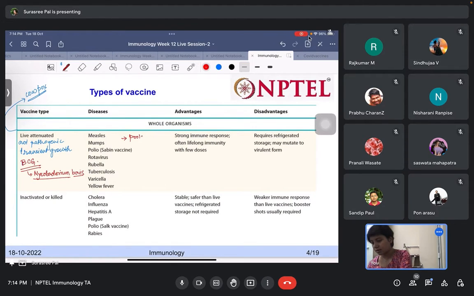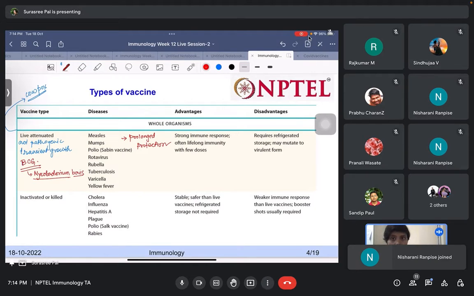So the major advantage is this prolonged protection by the live attenuated vaccine. So that is why, since they provide prolonged immune exposure, some live attenuated vaccines require only one single immunization, and they do not require any booster shots or booster doses, right?